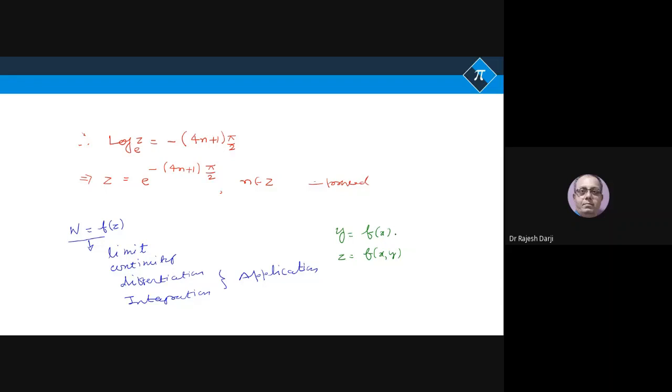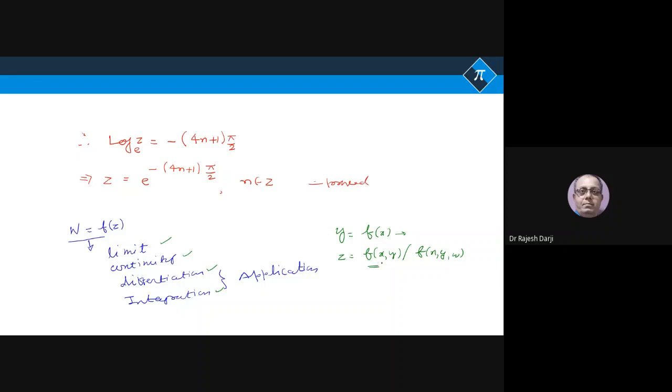In one variable, of course you have seen how to find limit, continuity, differentiation, integration. For 2 or 3 variables at most, derivative, partial derivative, then integration.